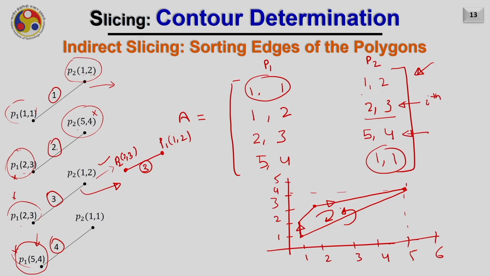The importance of having the contour in a clockwise or counterclockwise manner, we will see very soon. It is for identifying the region where the material is and where the material is not there.